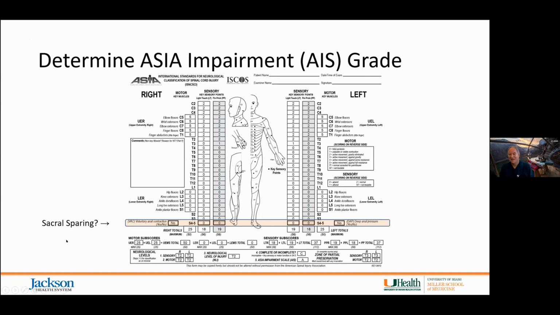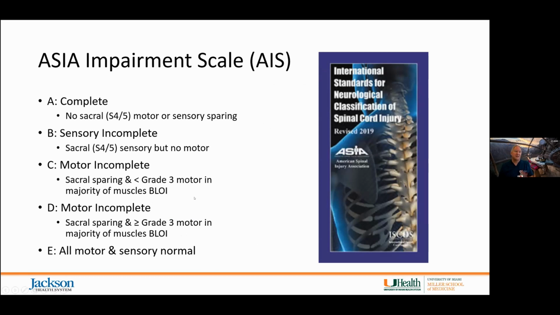So again, sacral sparing or not, if this is no-no-no-no-no, then you have a complete injury, and you can say ASIA Impairment Scale A. If you have anything other than that, then this is an incomplete injury, and you're going to be at an ASIA Impairment Scale B, C, D, or E. So again, ASIA Impairment Scale B is where you have sacral but no motor function spared below the level of the injury and including the sacral elements.